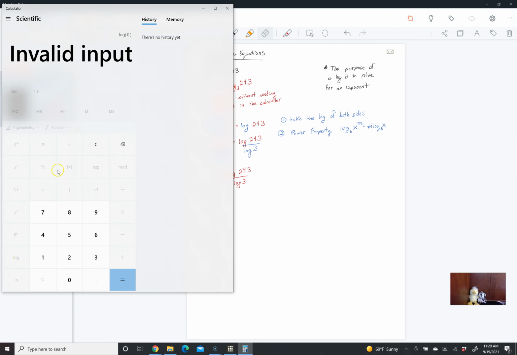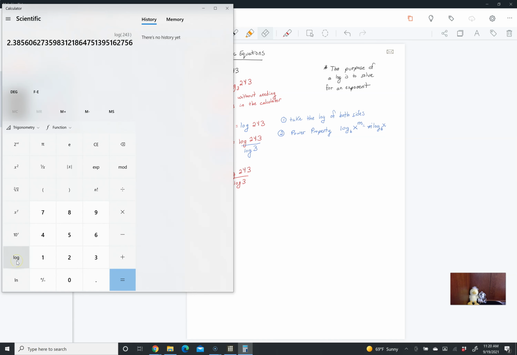And if we go into our calculator, for a lot of calculators, including this one, in order to put in the log, you type in the number first, and then you do log. So log of 243 is 2.38, and then we're going to divide by, and put it in parentheses, log of 3.